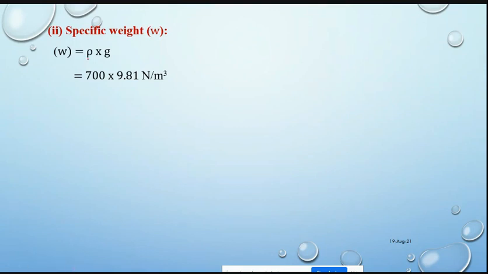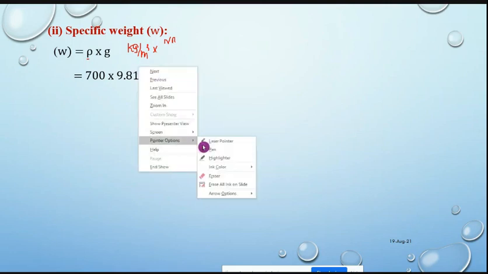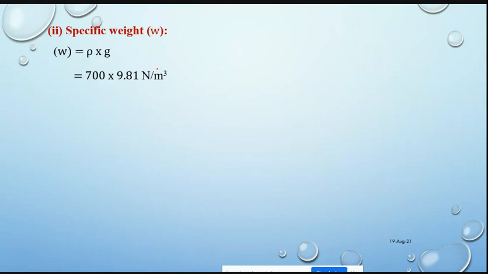The unit for density is kilogram per meter cube, right? Similarly, the unit for gravity is Newton per kilogram. Sorry, I think there is a confusion. Sir, you told kilogram per meter cube.